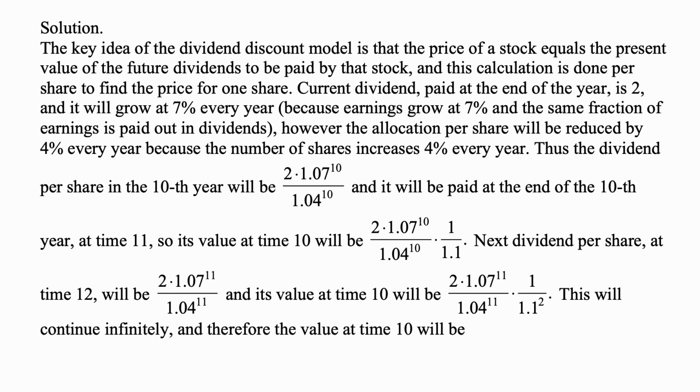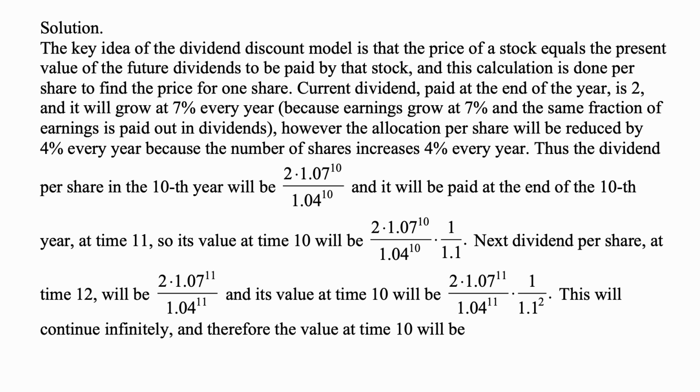Next dividend per share at time 12 will be 2 times 1.07 to the 11th over 1.04 to the 11th, and its value at time 10 will be 2 times 1.07 to the 11th over 1.04 to the 11th times 1 over 1.1 squared.